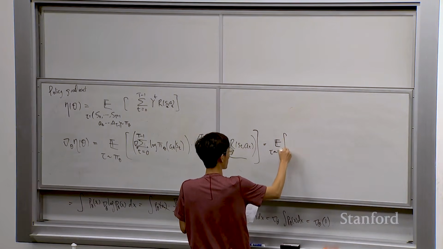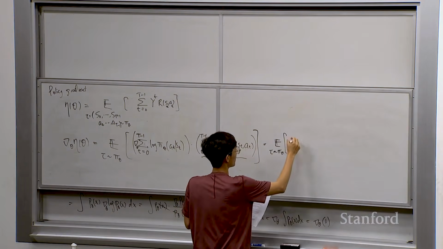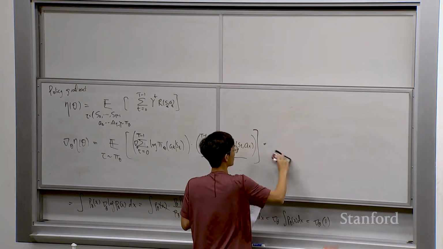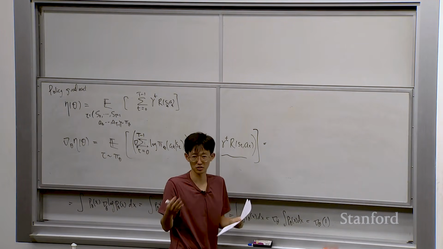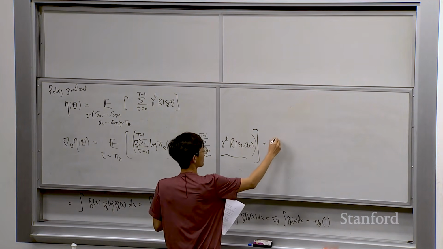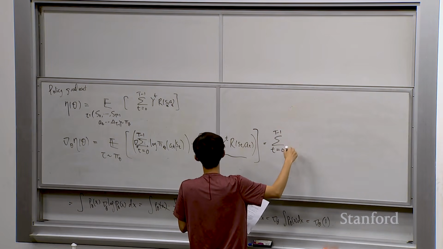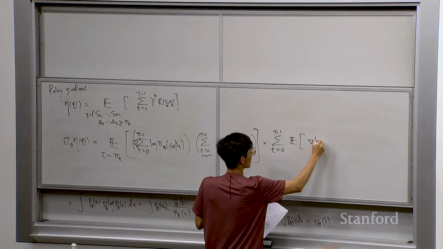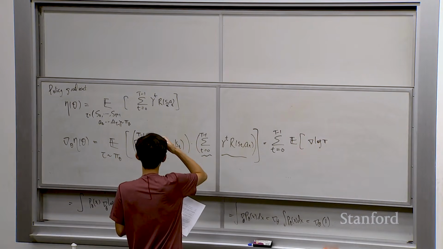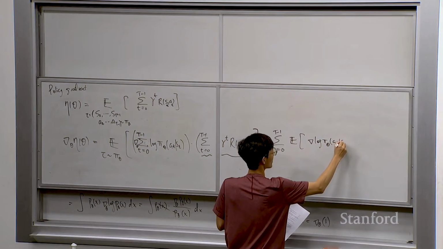The trajectory is sampled from pi_theta. Let's first move this sum outside so that we can deal with each of the terms independently. So let's say you have a sum over t from 0 to T minus 1, expectation, gradient of log pi_theta(a_t | s_t).